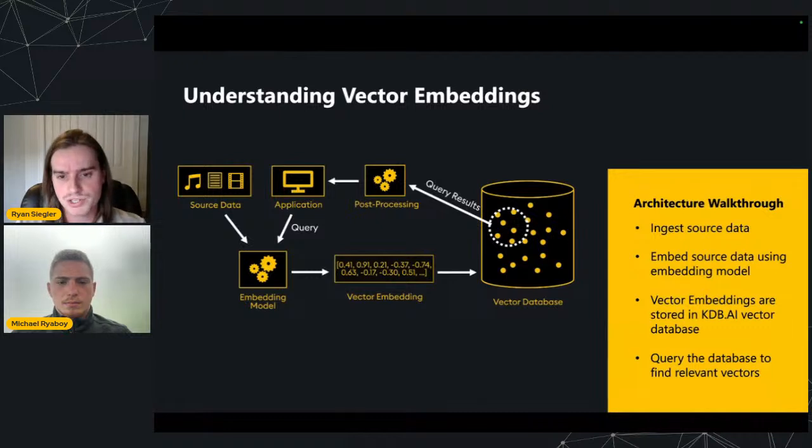At its core, KDB AI, and really any vector database, is really good at doing similarity searches or semantic similarity searches. What that means is that based on a user's question or query, it's going to go out and find the most relevant vector embeddings stored within it and return those to the user.